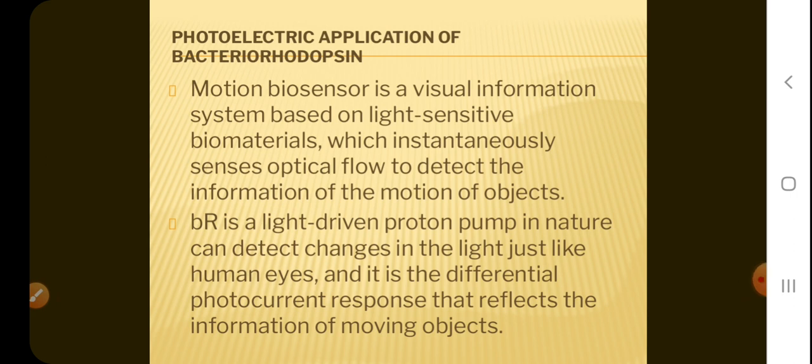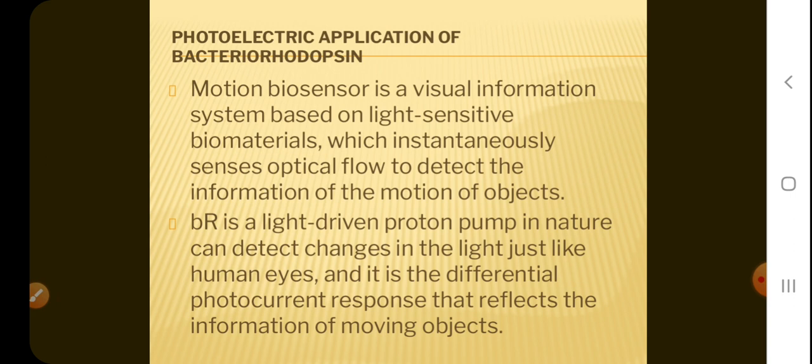But it is the differential photocurrent response that gives you the information about moving objects. This can be incorporated in motion biosensors.